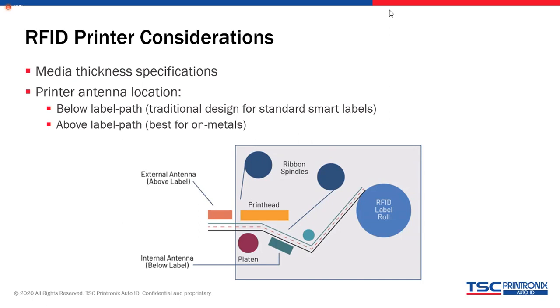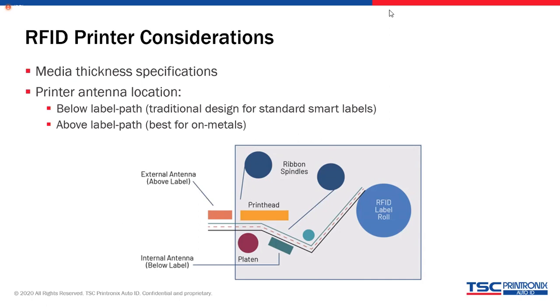Whether the antenna is above or below the label path can be very important with the on-metal tags. The on-metal tags very often have some insulation and/or a metal foil layer that will prevent the below-path antenna in the printer from properly communicating with the tag. So you want to make sure that you're using the proper antenna for that particular tag.